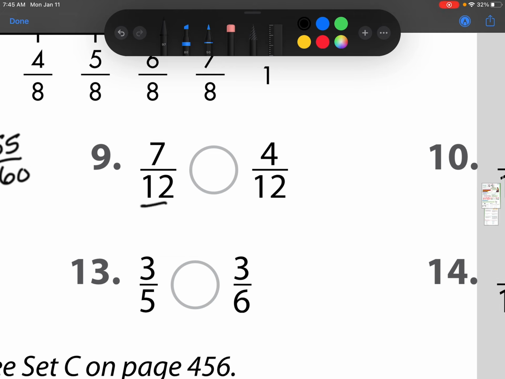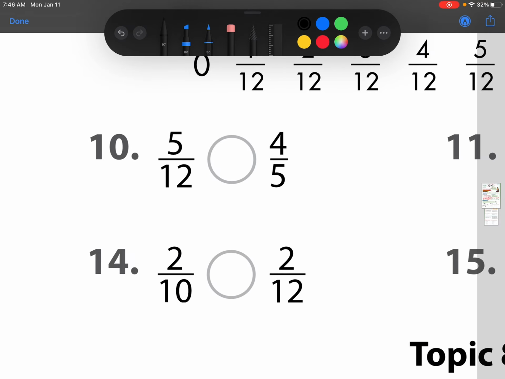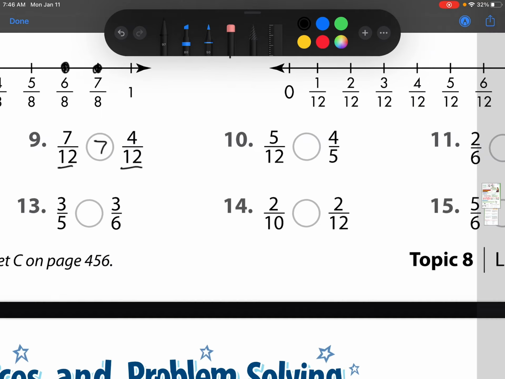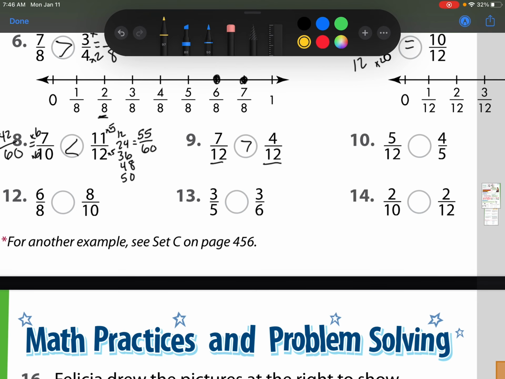Here, my denominators are the same, so I don't have to find the least common multiple. So I just know 7 is bigger than 4. Over here, we know already our 12's facts because we saw them right here that we just made. And what do we notice? Oops, that was supposed to be a 60 is the first thing we notice. But we also notice what?